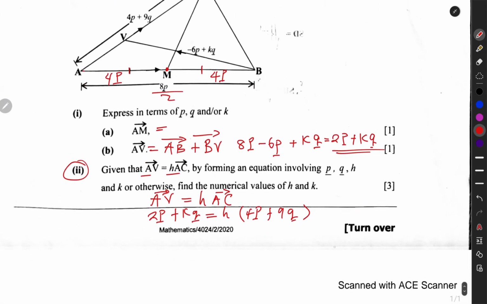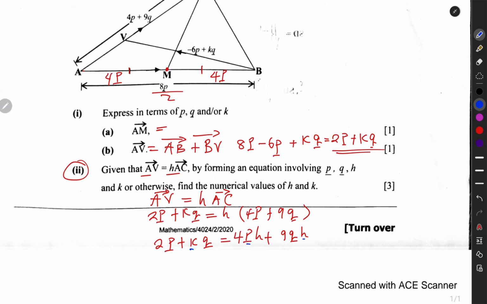Then if we multiply here, we are going to have 2P plus KQ equals 4PH plus 9QH. So we formed the equation that connects K, H, and of course P and Q.